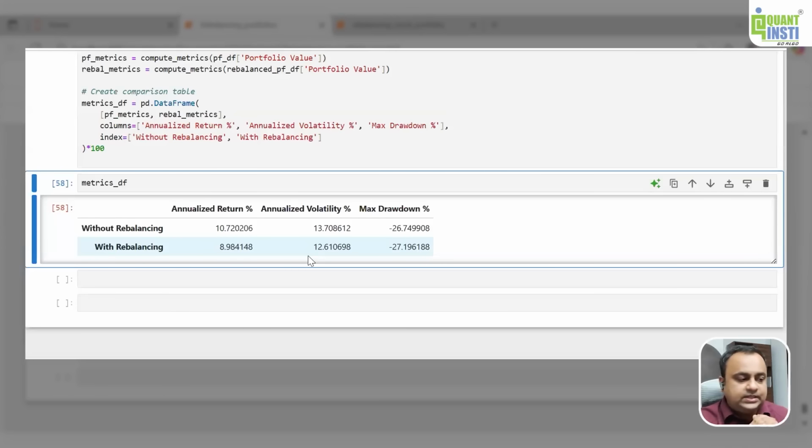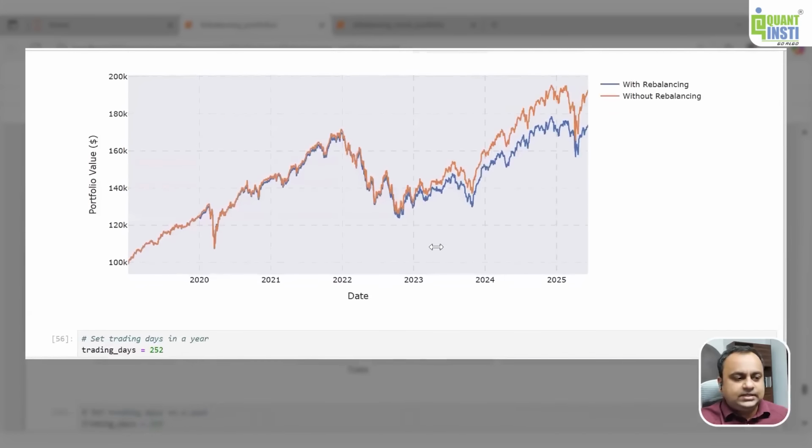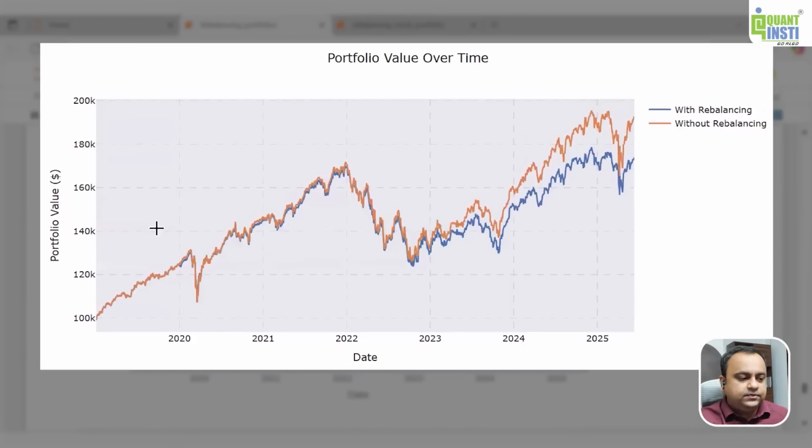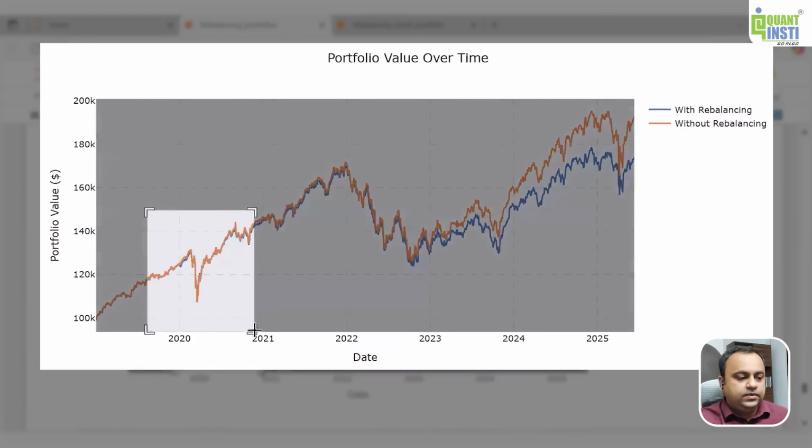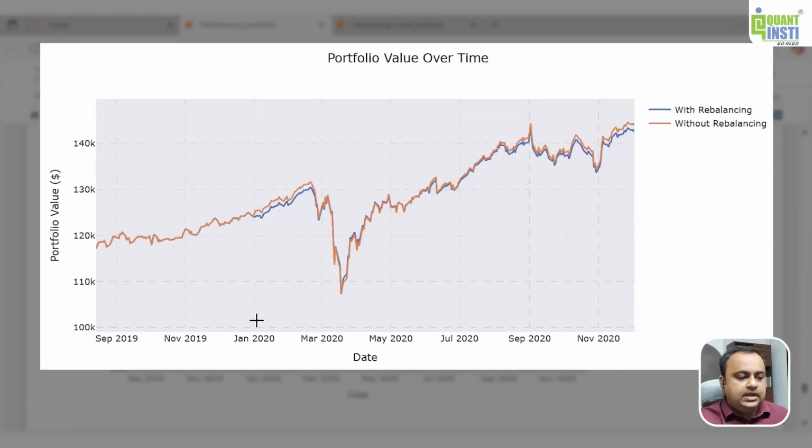In this case, we see that there's a slightly higher drawdown with the rebalanced portfolio. And you might be wondering why there's a higher drawdown. So let us take this interesting example again. Suppose we go to this period of 2020 where the COVID crisis happened and we see how the portfolios are behaving.